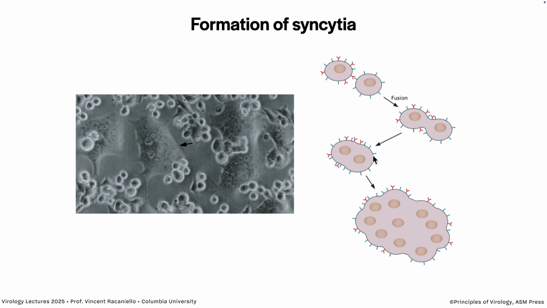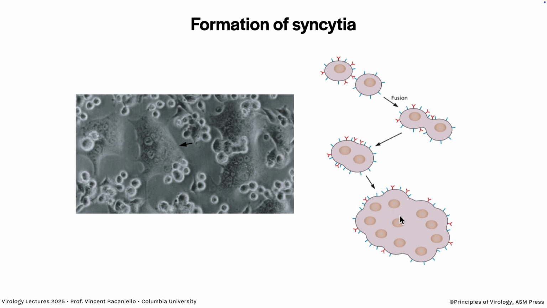Another kind of cytopathic effect is the formation of syncytia. What is a syncytia? Syncytia is nothing more than the fusion of multiple cells to get a giant cell with many nuclei. And many viruses can induce this process. For example, many viruses display on the cell surface this red Y, the glycoprotein, which can bind to the receptor on a neighboring cell, and that glycoprotein has fusogenic activity, so the cells fuse.